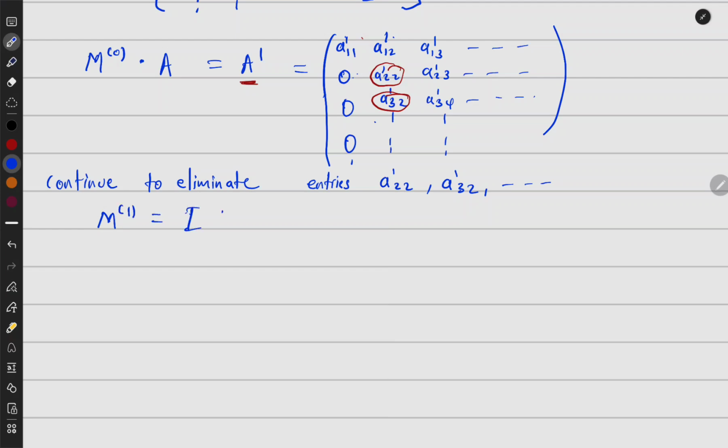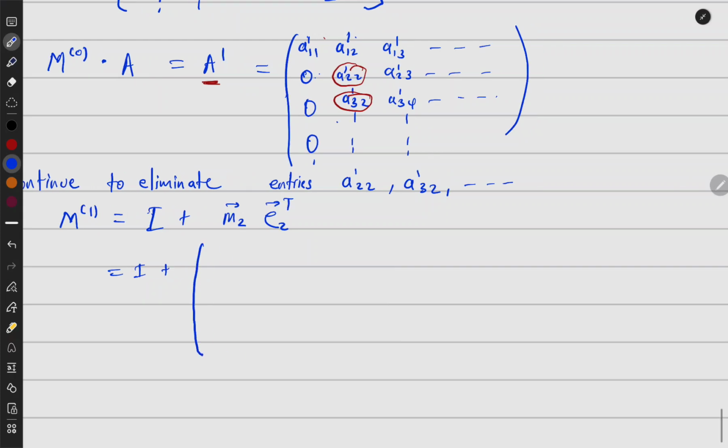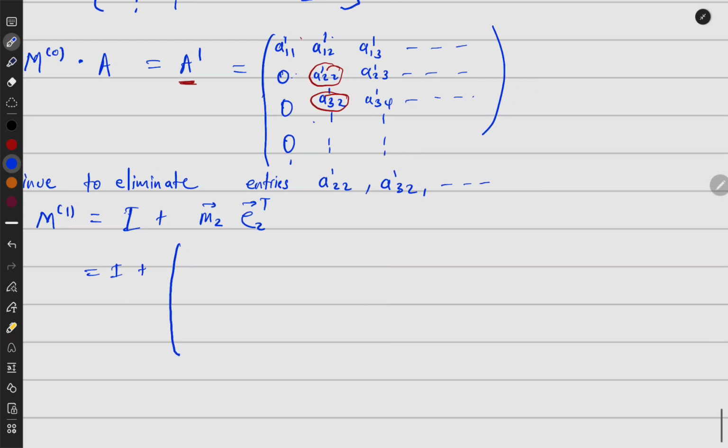M1 is still given by I plus Mg. Now in this case it will be M2 because you have moved to the second column. Now this is E2 transpose that. But what is M1? This is I. What is this column vector M2? The column vector M2.